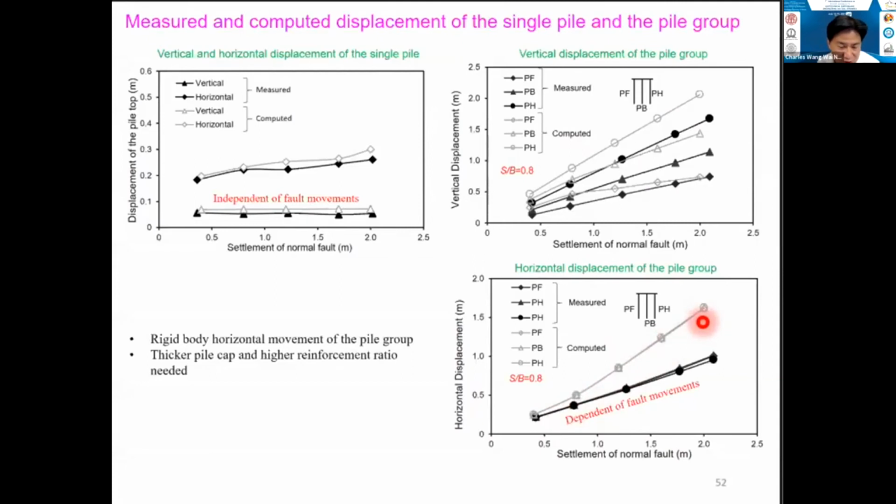So what does that mean? Similar to the single pile, the horizontal movement is in some ways a rigid body translational movement, but the vertical one is different. It is subject to tilting and also subject to bending, in addition to translational movement.